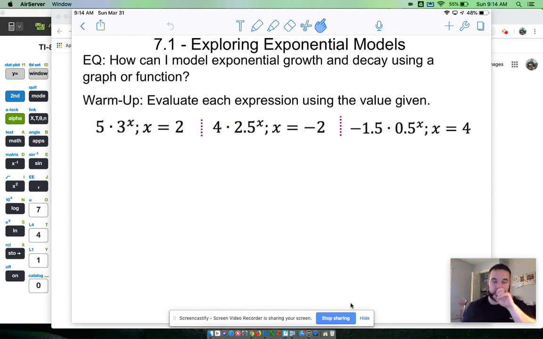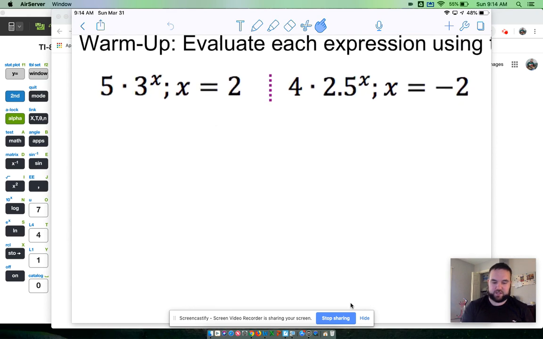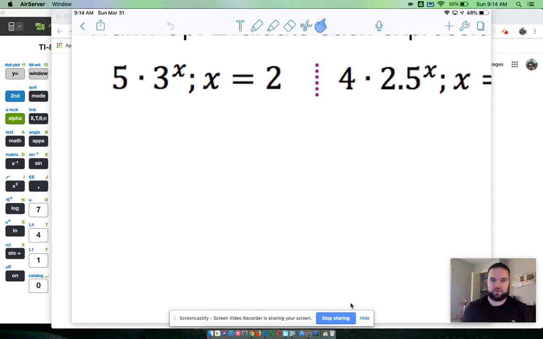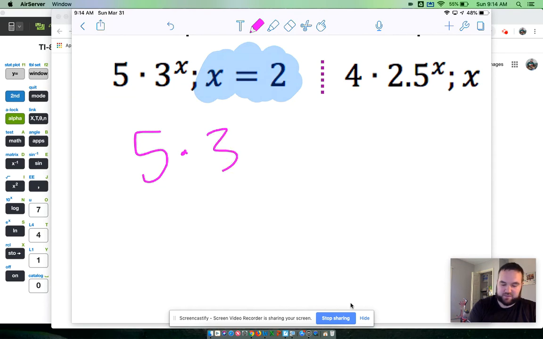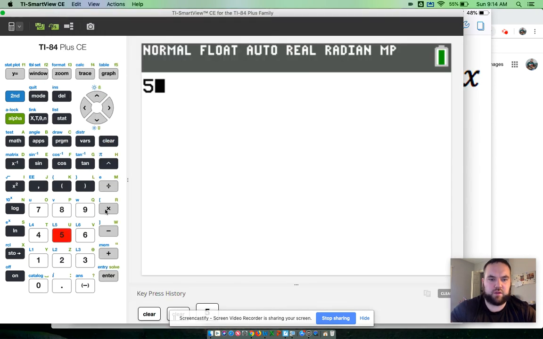function? So as a quick warm-up, just to get used to plugging this into the calculator, because this is what these things are going to look like. I'm going to type in 5 times 3 to the x power, but I'm going to use an x value of 2. So that means I'm going to type in 5 times 3 to the second power. Couple different ways you can type this in the calculator. 5 times 3 squared.